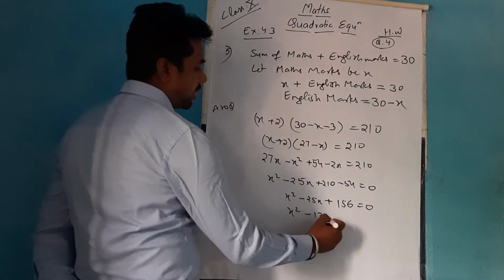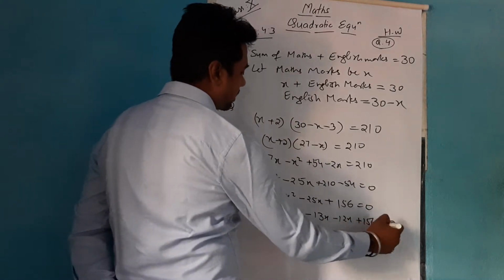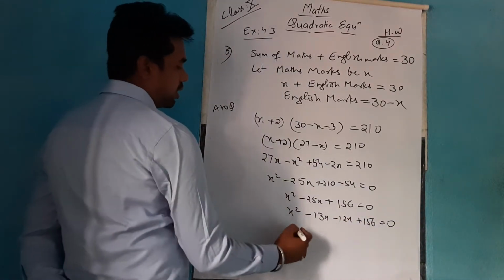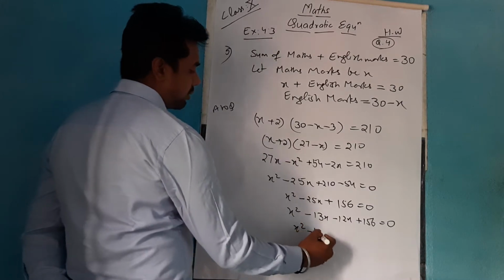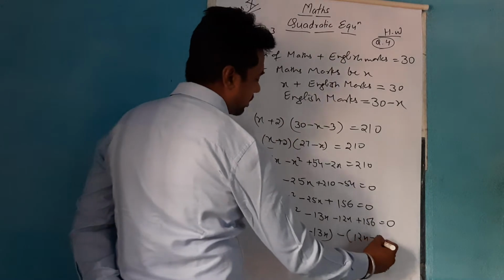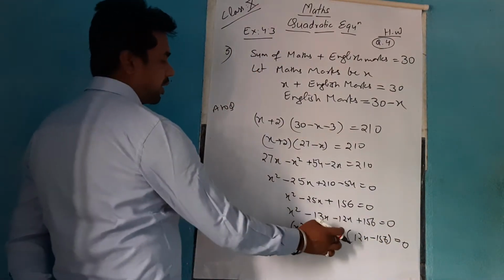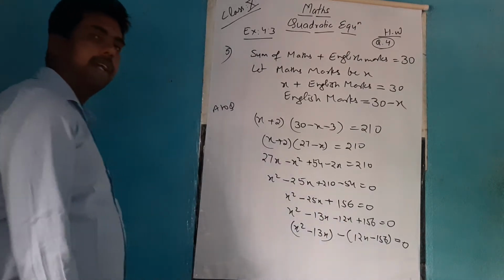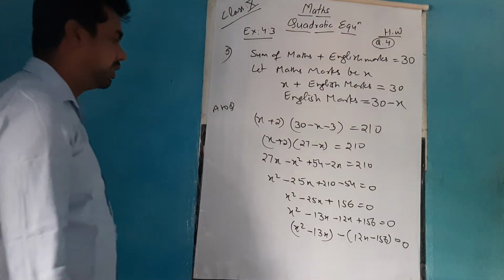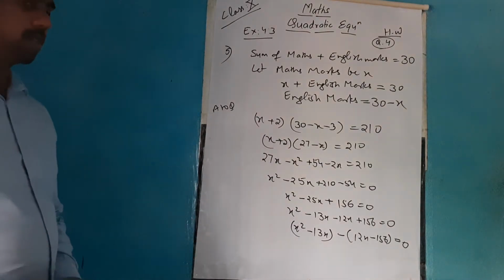So x square minus 13x minus 12x plus 156 equals 0. Making the first 2 terms in one bracket and the next 2 in the other. I have told you earlier also, while applying factorization, that when you have the minus sign outside of the bracket, then the sign inside the bracket will be changed.